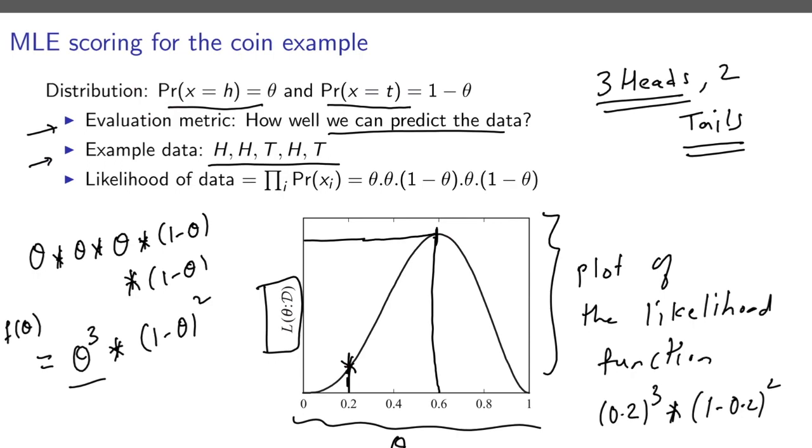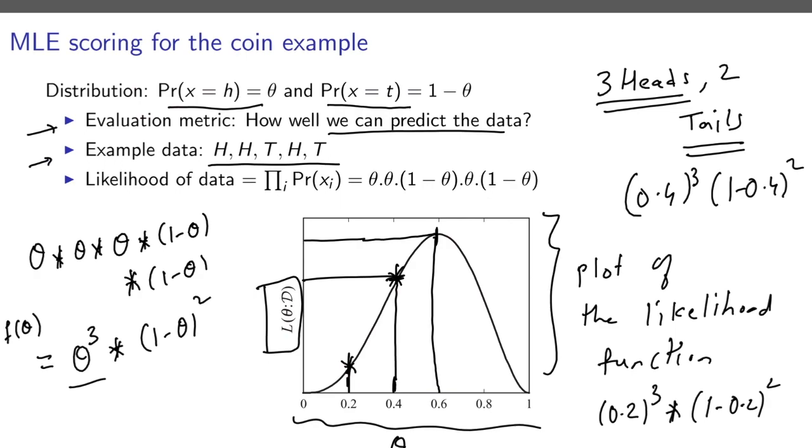Similarly, when theta was 0.4, the likelihood is going to be equal to 0.4 cube times 1 minus 0.4 squared. So this is how you can solve the MLE problem, or compute the maximum likelihood estimate for any parameter: just plot the likelihood function and figure out what the maxima is.